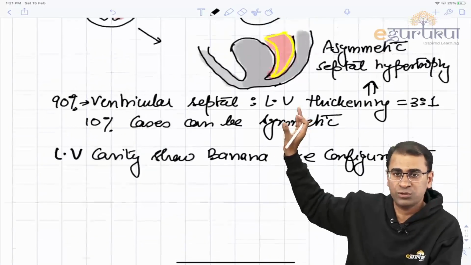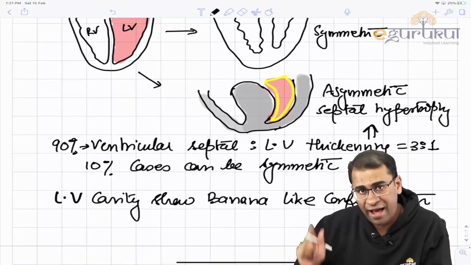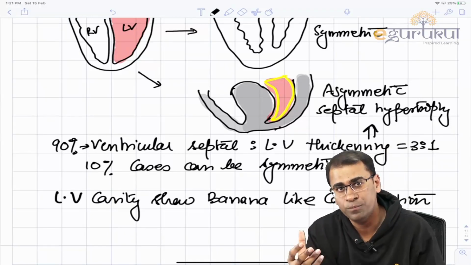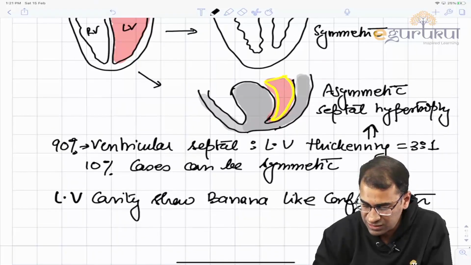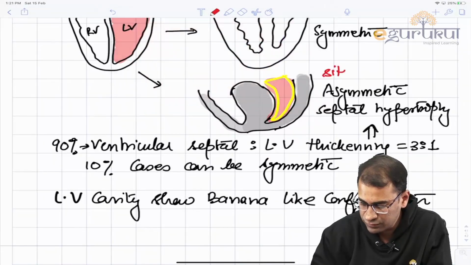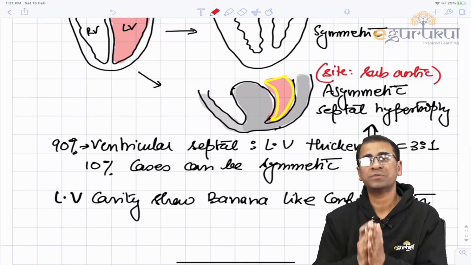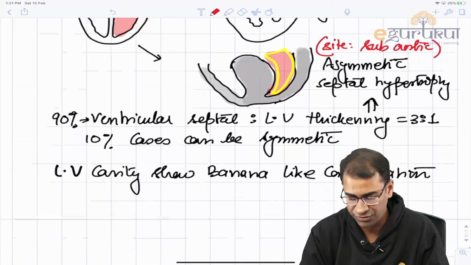This whole enlargement you see here is mostly in the subaortic region, and that is the reason it causes obstruction in the blood flow. So the asymmetric hypertrophy, the main site of this is subaortic, and that is the reason it causes mainly obstruction in the blood flow from the left ventricle.